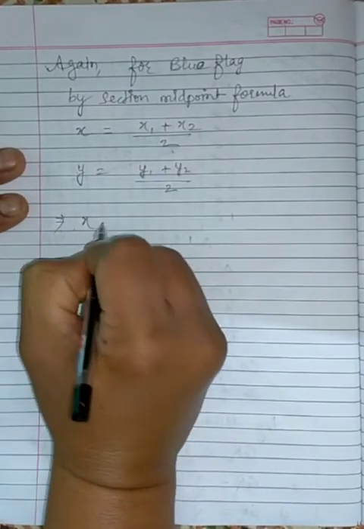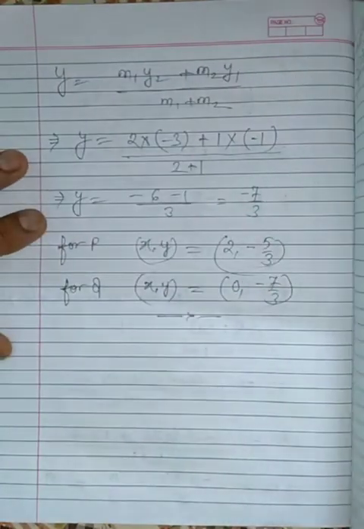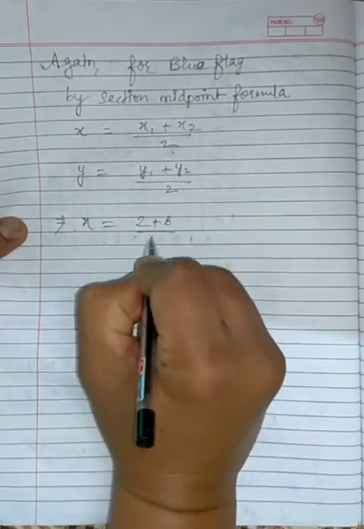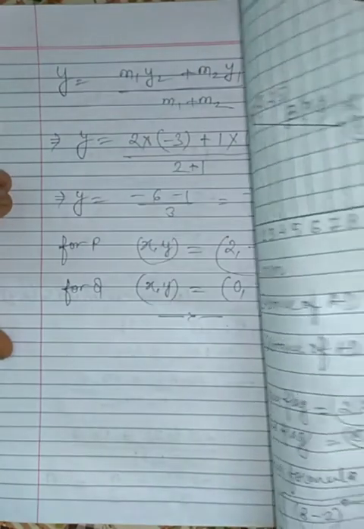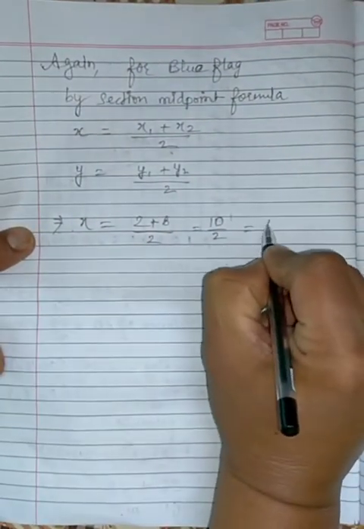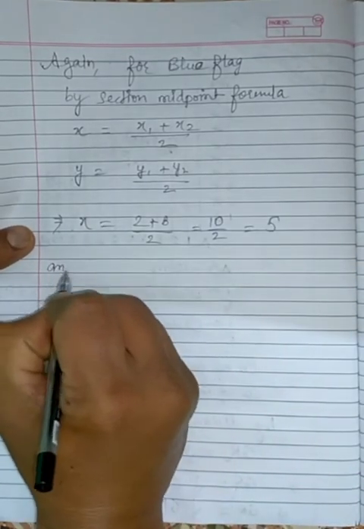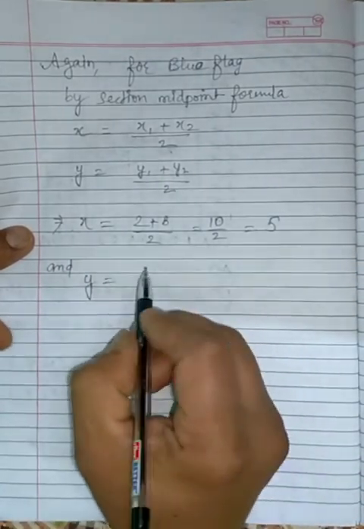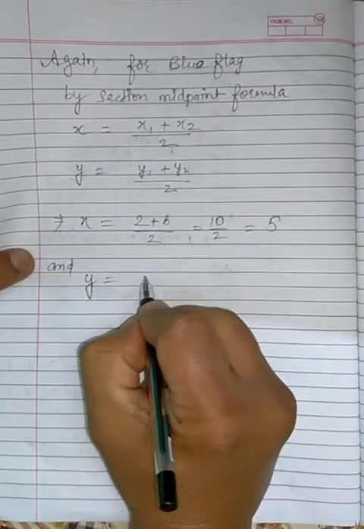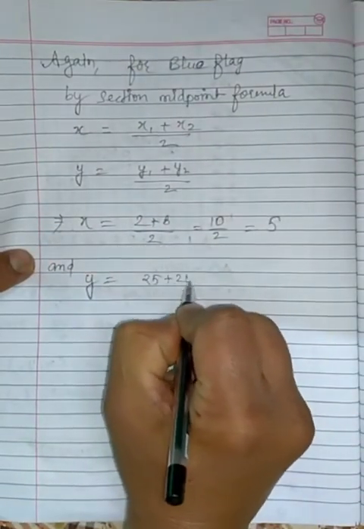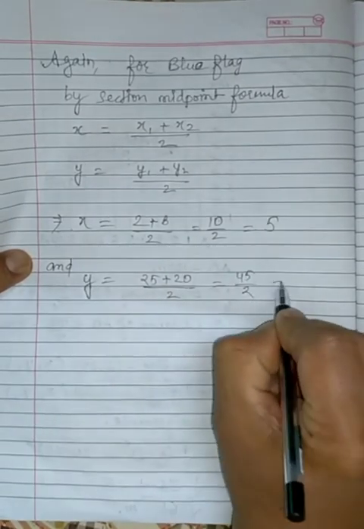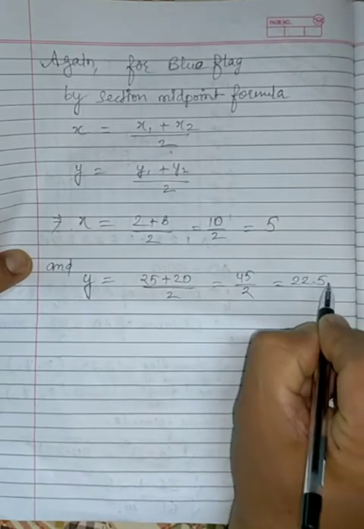Therefore x is equal to 2 plus 8 upon 2, that is 10 upon 2, which is equal to 5, and y is equal to y1 plus y2 upon 2, that is 25 plus 20 upon 2, equal to 45 by 2, that is 22.5.